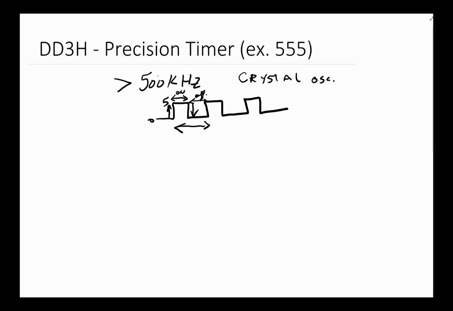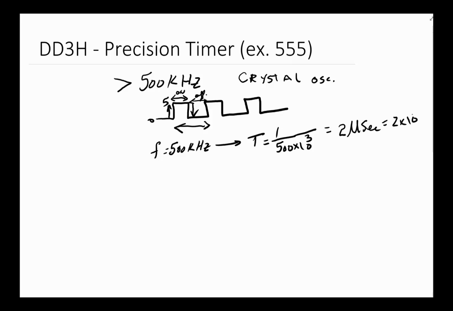So when we say we have a frequency of, let's say, 500 kilohertz, we are basically saying that this signal will have a complete pulse every 1 over 500 times 10 to the 3, which is every 2 microseconds, or 2 times 10 to the minus 6 second. This is called the period, just a refresher, and this is called the frequency.